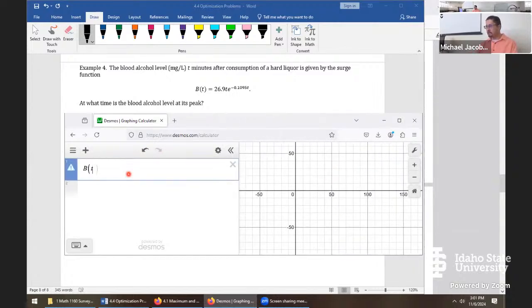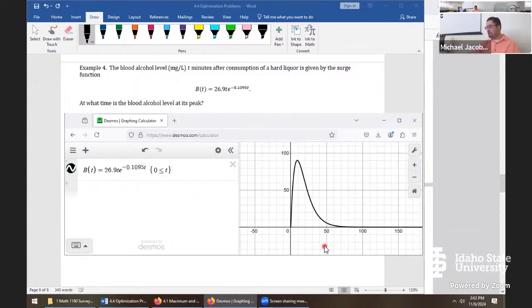So B of T equals 26.9 T e to the power -0.1095 T. There's a domain condition on this T. This time, it just has to be greater than or equal to 0. 0 is valid here because at time 0, that's the instant right before the shot went down your throat or something like that.